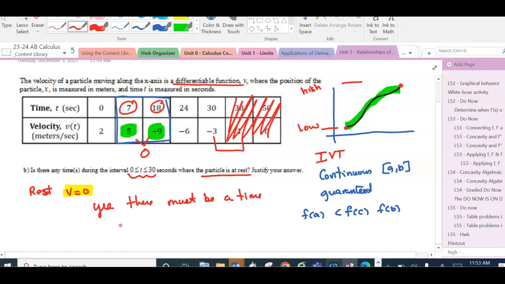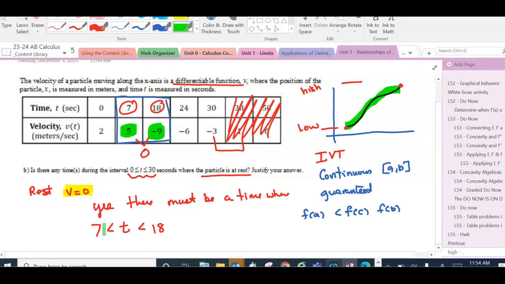So we could say where t is greater than or equal to 7, less than or equal to 18. And we can really dispense with the less than or the greater thans, because we know 17 and 18 aren't 0.